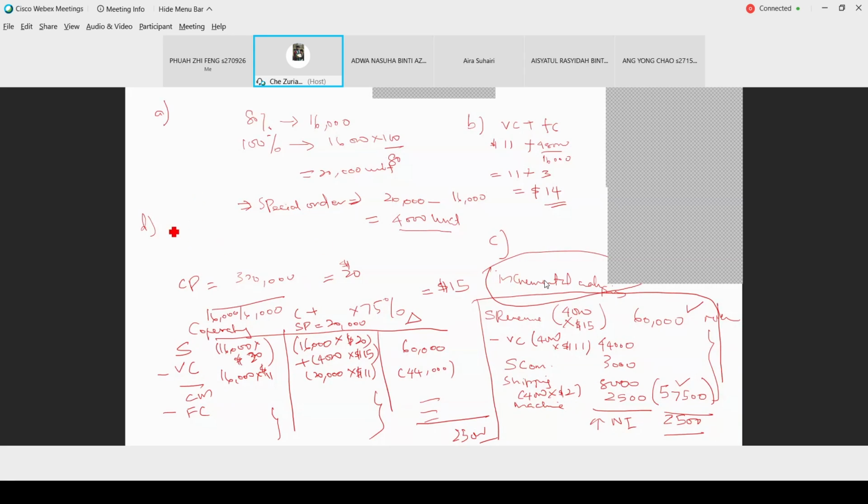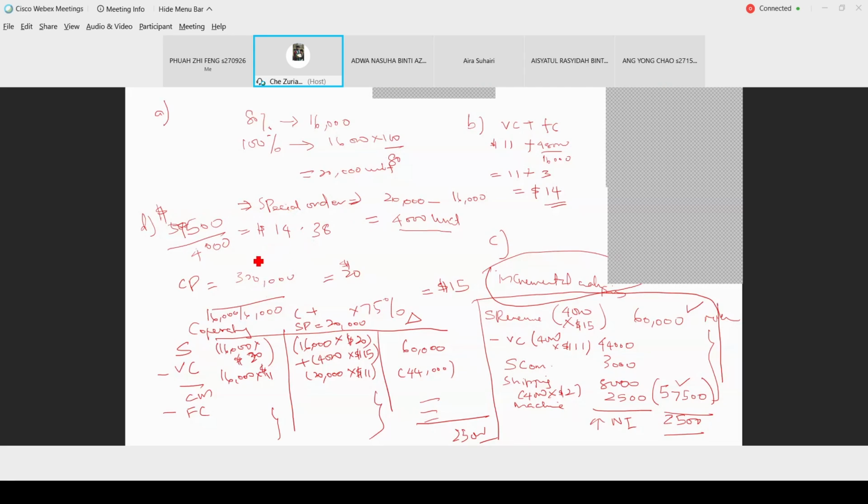So per unit, 57,500 you divide 4,000, so means that the cost to produce the 4,000 units is equal to 14, rounding figure lah, 14.375 sebenarnya dapat. So saya rounding to 2 decimal points.